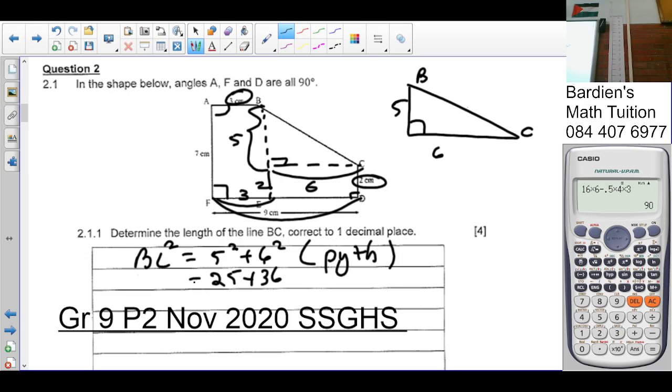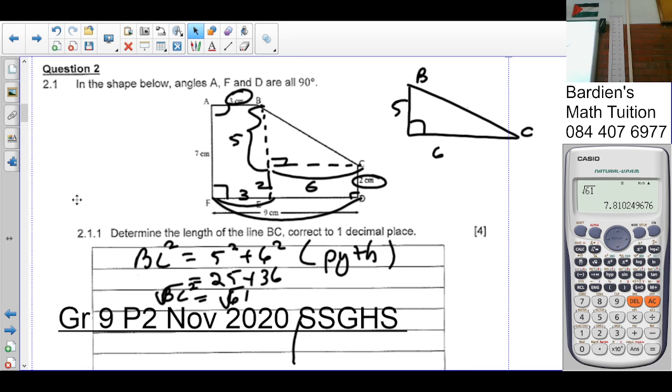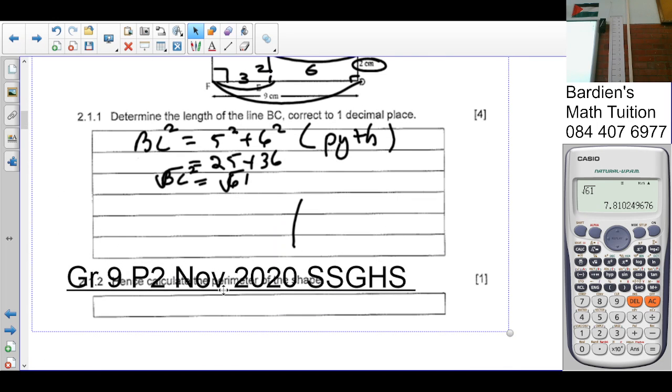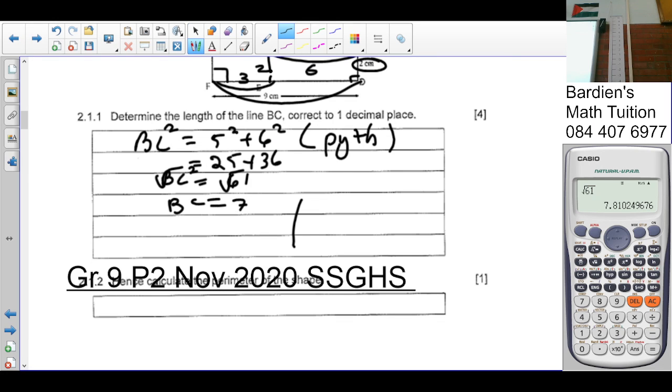It adds up to give you 61. That's BC squared. Square root of that? The square root of 61 is 7.8. That length BC is equal to 7.8 centimeters. Okay.